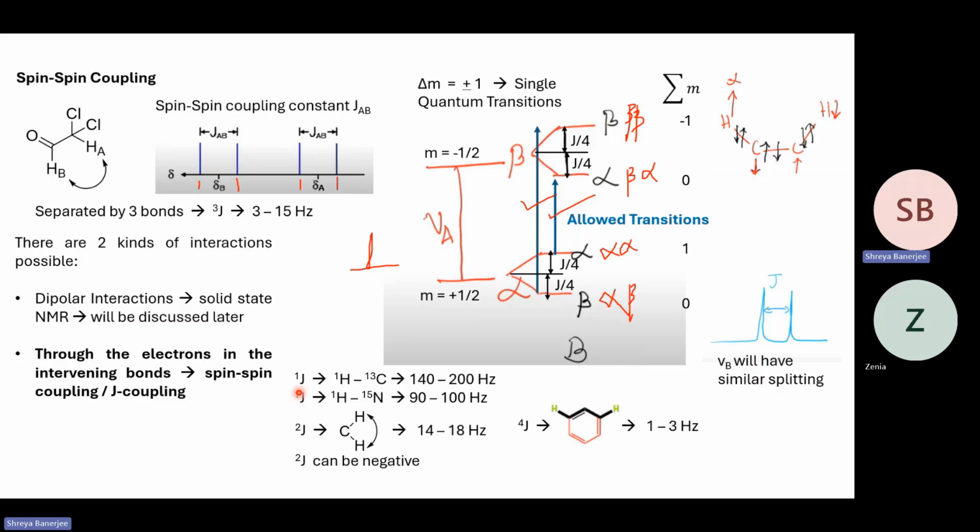You can also have 1J coupling, like carbon directly attached to hydrogen, or nitrogen directly attached to hydrogen. So the carbon is 13C, which is NMR active. It is splitting the hydrogen, or the 15N, NMR active nitrogen, is splitting the hydrogen. They will have different values of this coupling constant.